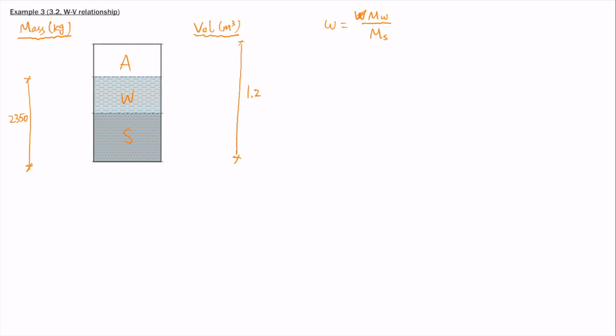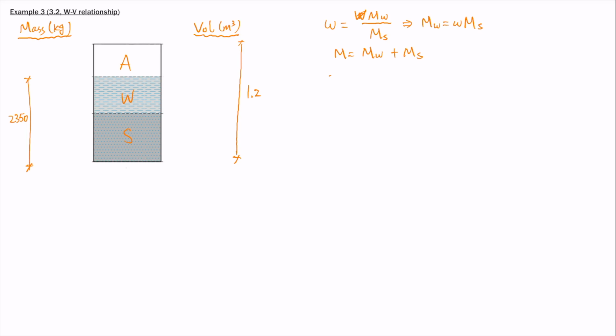So then we know the total mass is mass of water plus mass of solid. Okay. So from the first expression, we have this relationship between mass of water and mass of solid.